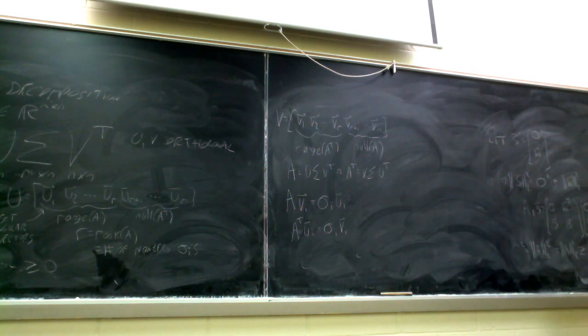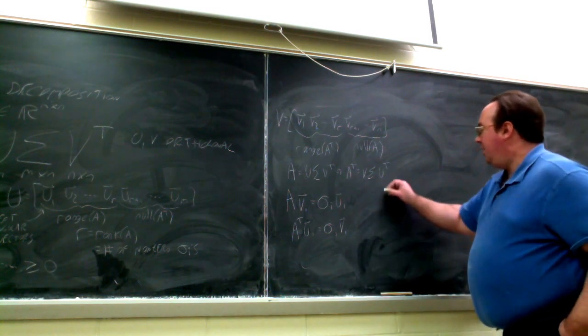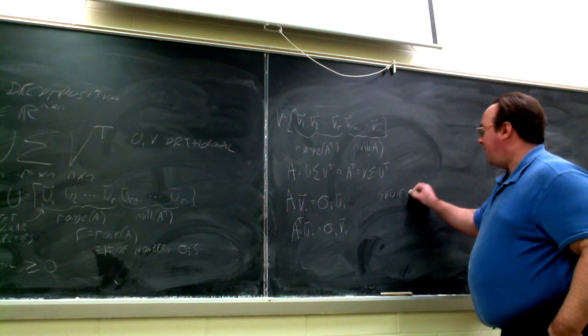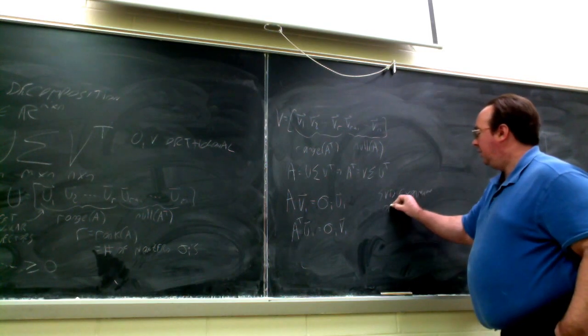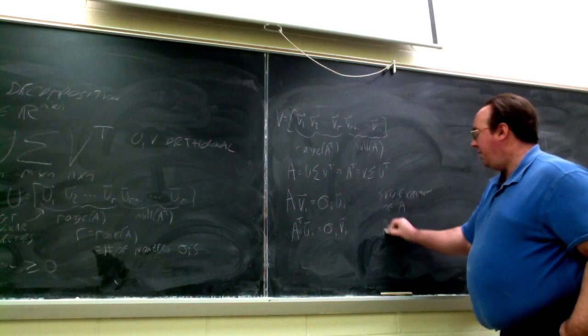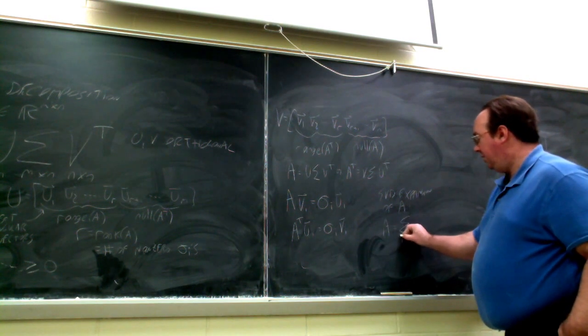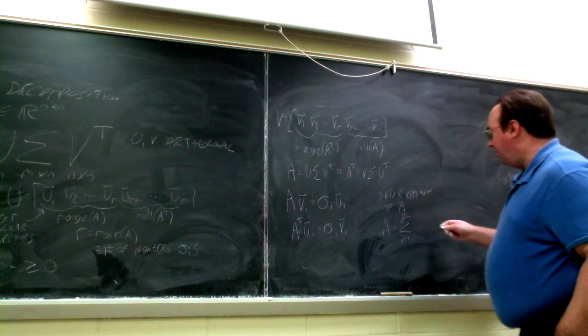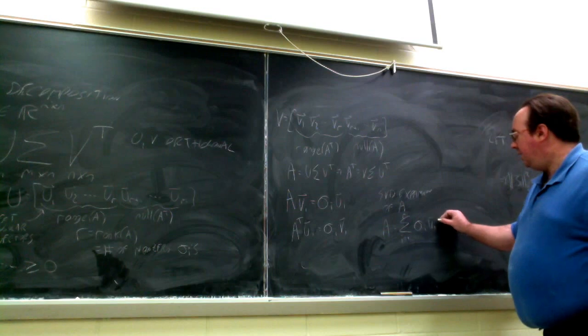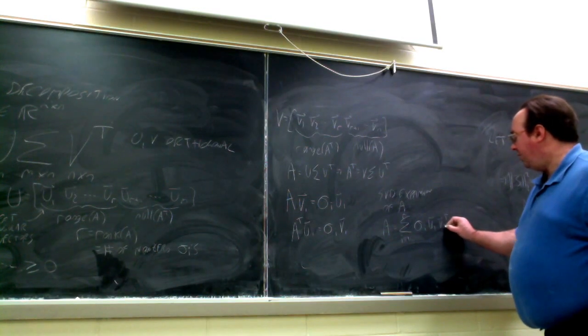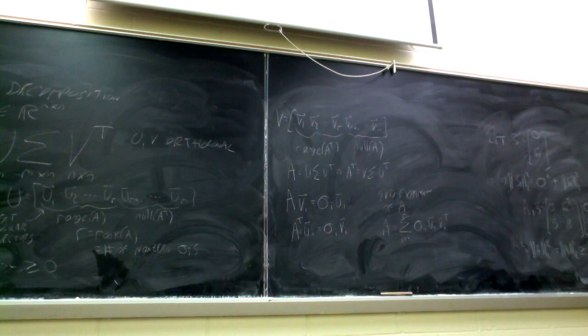Now, we also have what's called the SVD expansion of A. We can write A as a sum of r terms, where r is the rank, of sigma i, u_i, v_i transpose.